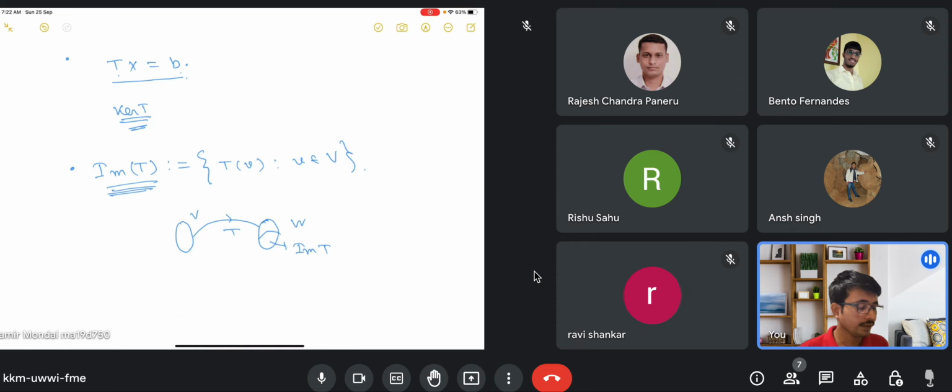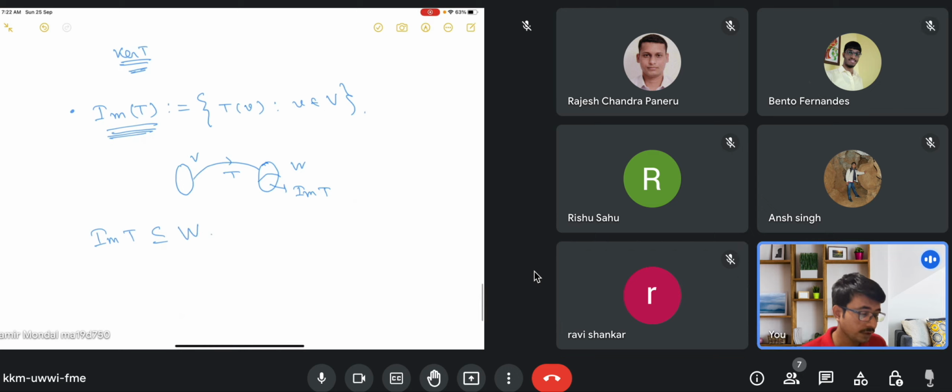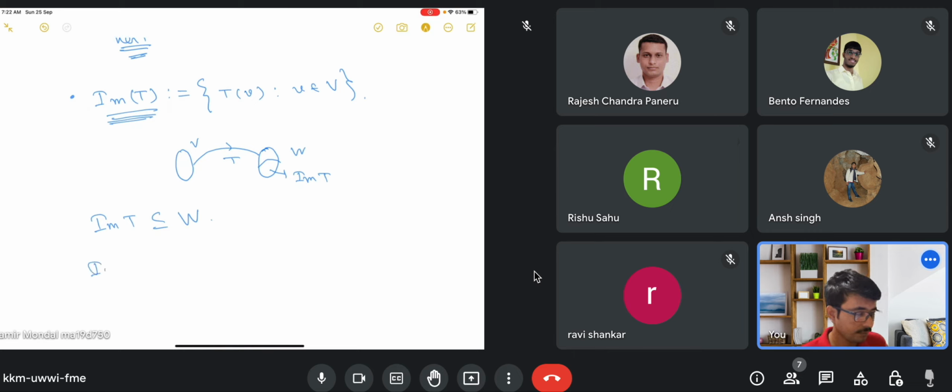Please tell me, the image of T is a subset of which set, domain or codomain? Codomain, W. Is it only a subset or is it a subspace of W? Subspace.